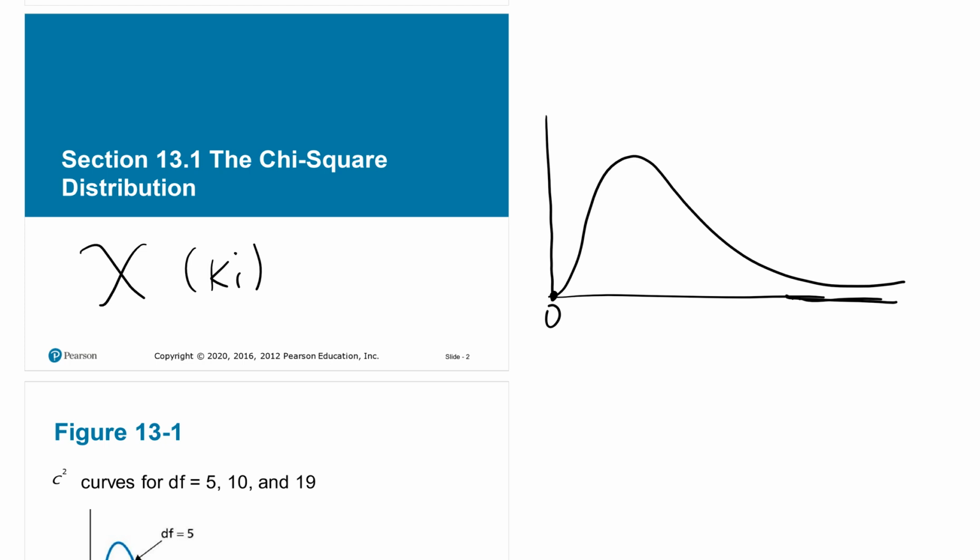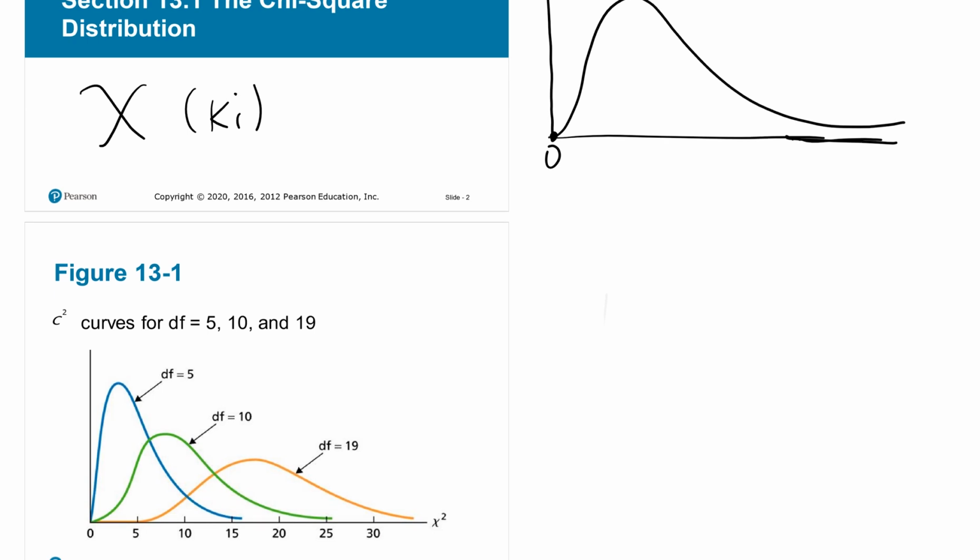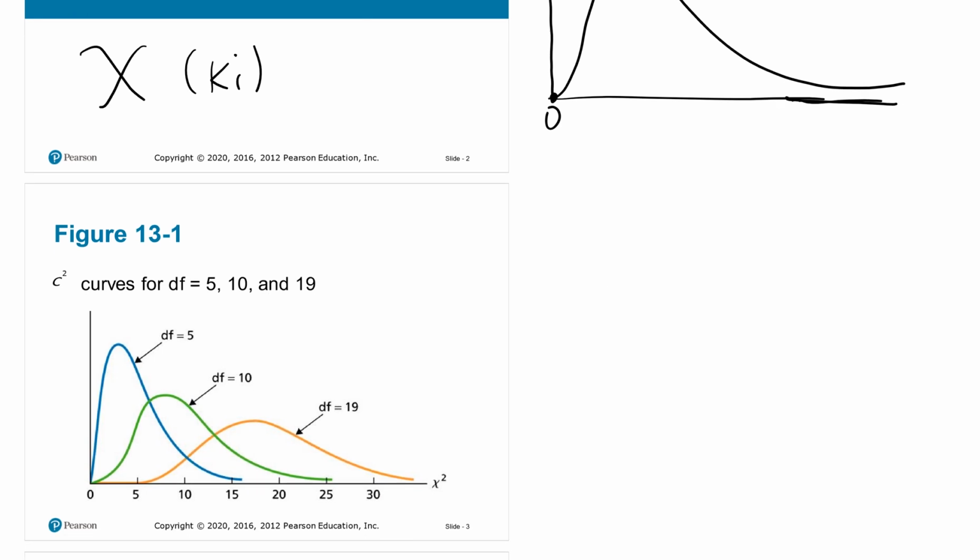There can be infinitely many of those curves, and each one of the curves is identified by its degrees of freedom. We're going to be working the same way as we did with the t distribution. How does the degrees of freedom affect the shape of the chi-square? On the left side we drew the chi-square curve for different degrees of freedom.